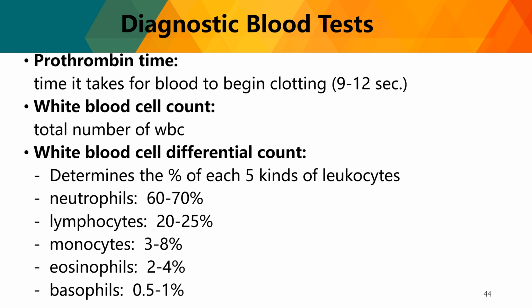So neutrophils should be 60 to 70%, lymphocytes 20 to 25%, monocytes 3 to 8%, eosinophils 2 to 4%, and basophils 0.5 to 1. Anything more than the normal number would, of course, suggest a certain disease found in your body.